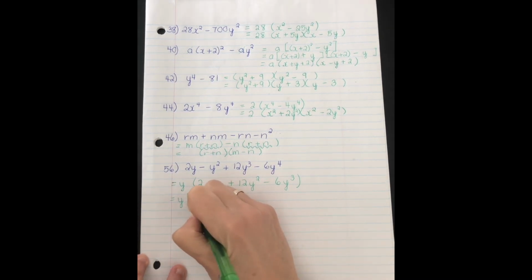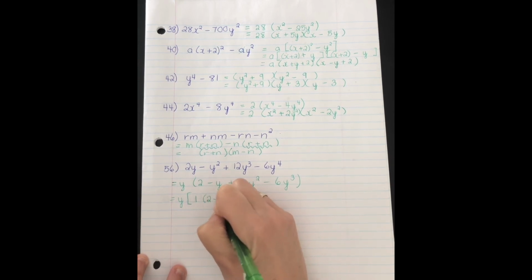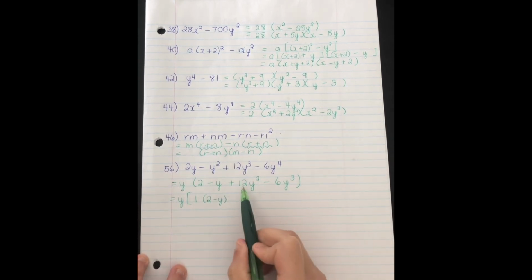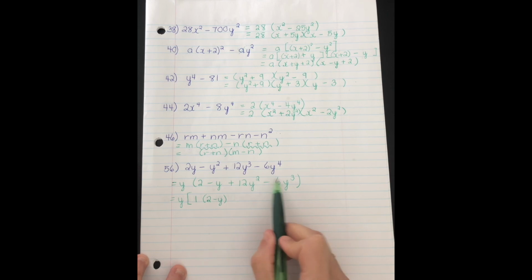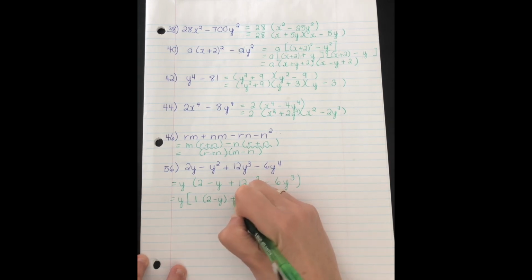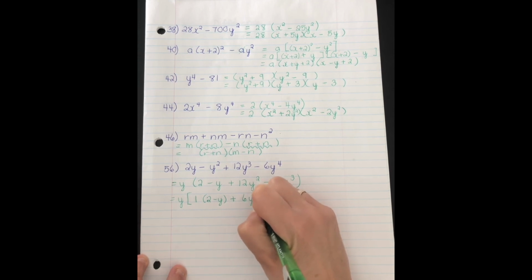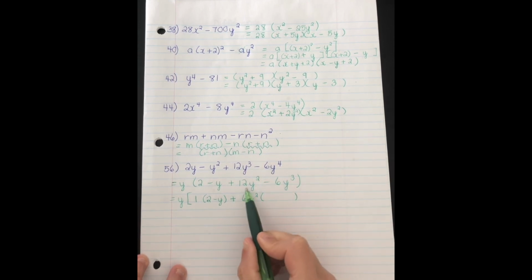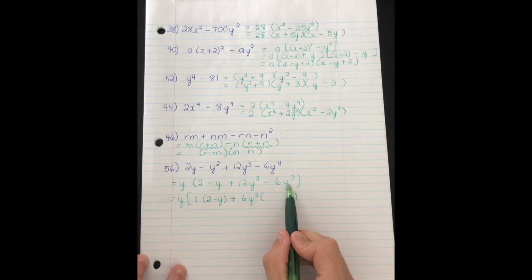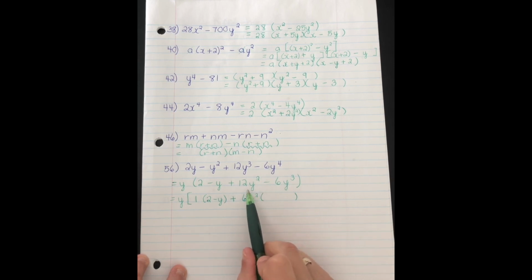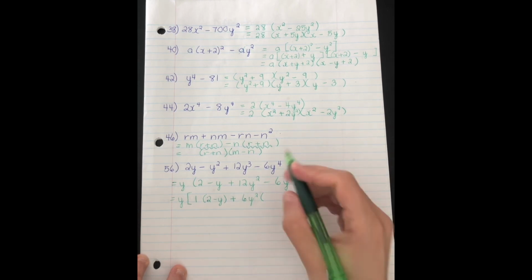But we remove 1 as the common factor there. Now the last 2 terms, what is common to these terms? 6y squared. So we take out positive 6y squared. Dividing these terms by 6y squared will leave us with 2 minus y.